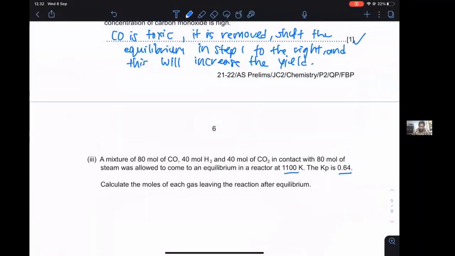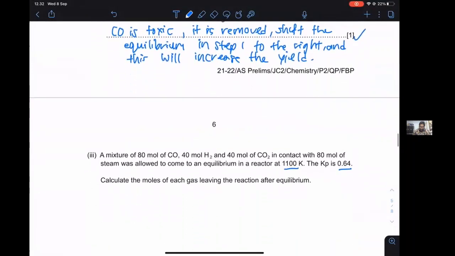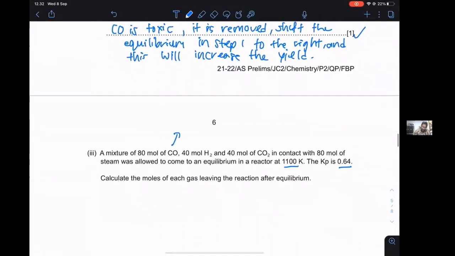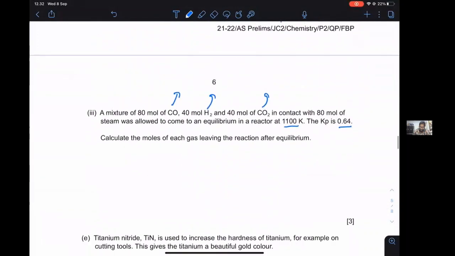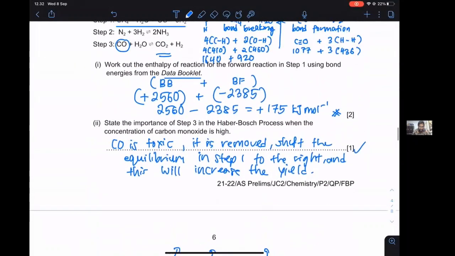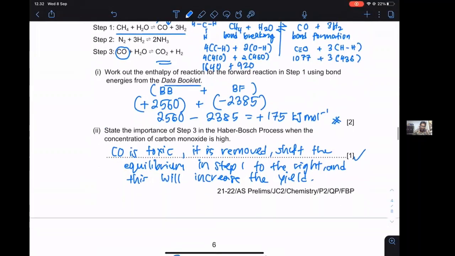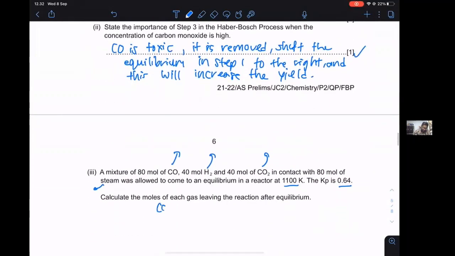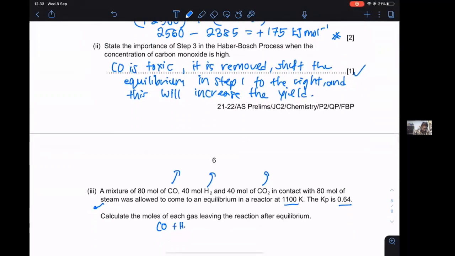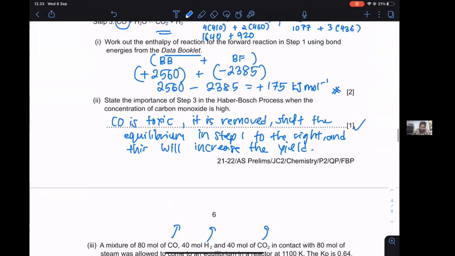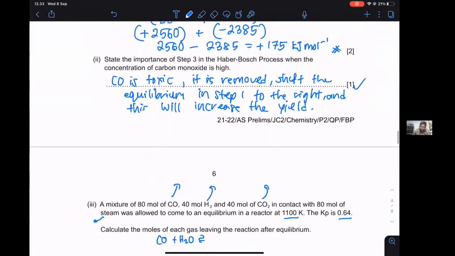Here we are talking about CO, hydrogen, and CO2 coming in contact with 80 moles of steam, so also water. So they are talking about step number 3. I'll just write down CO plus H2O, and they are going to give you CO2 and H2.